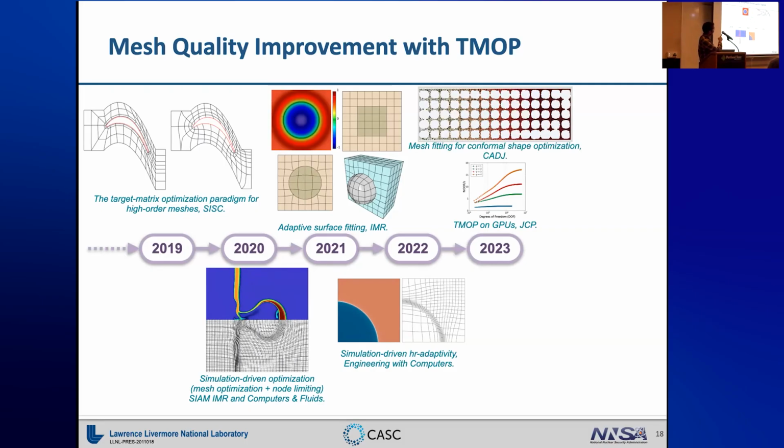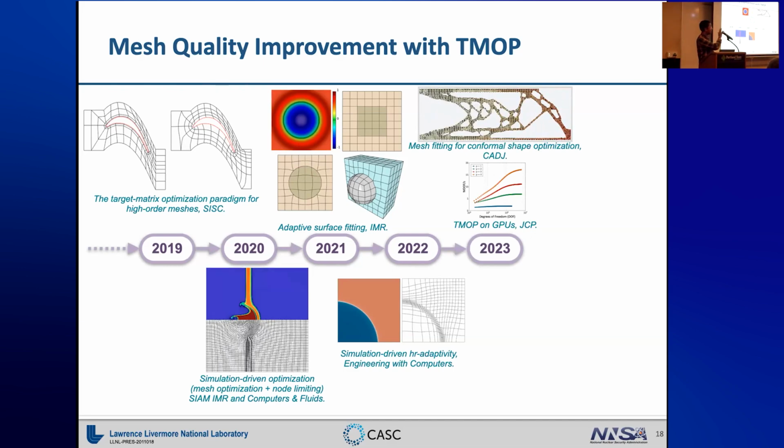The capability from 2021 on surface fitting gets used for conformal shape optimization. It's a high impact application. In that case, the geometry is represented by a level set function, and we optimize it for stiffness. At each iteration, we adapt the mesh to align with the actual geometry. That's what you're seeing in the animation.